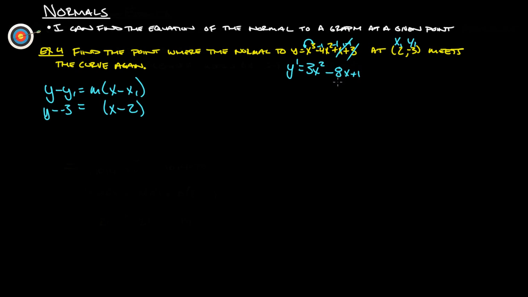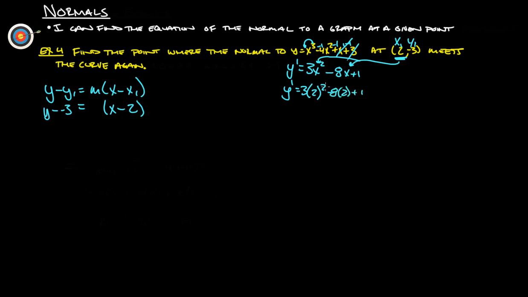Now, if we want to know what the slope of the tangent curve is at that point, we're going to want to plug our x into this, right? So we're going to plug 2 in for both of these x's here. So we got y prime equals 3 times 2 squared minus 8 times 2 plus 1.